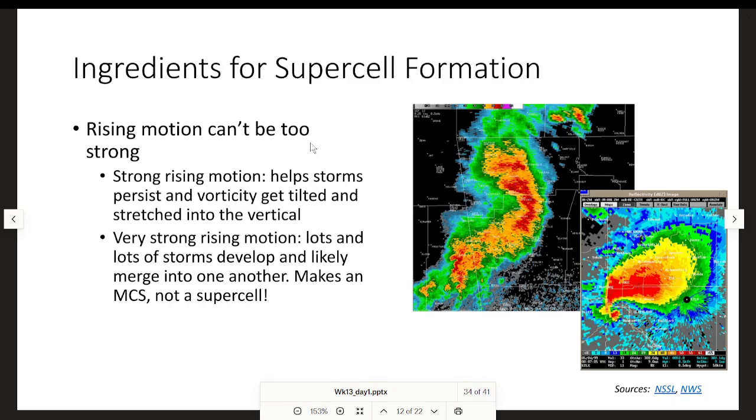If you have hail, it needs that middle of the road lift so it can stay in the cloud, because if not, it's just going to get flung out. So it's a Goldilocks thing. You don't want too much lift, or it's just not going to be prime for supercell formation. It's a delicate thing where you just need middle of the road lift.